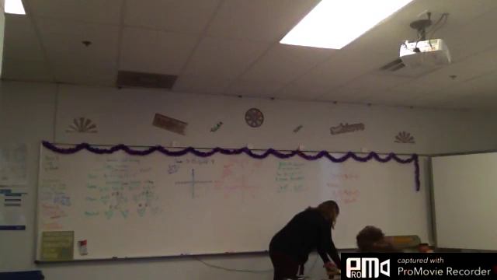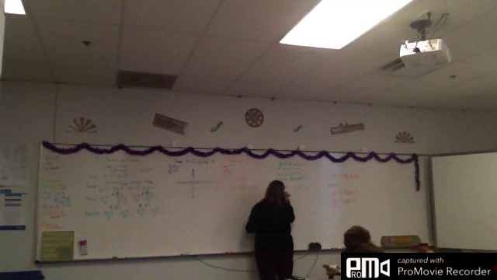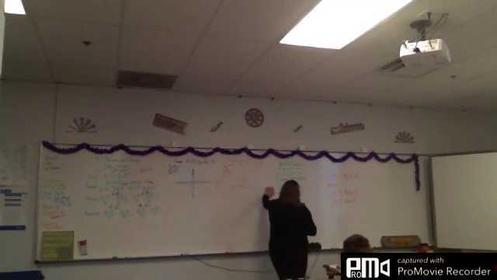And this says that the co-vertices are at 4, 0, and 4, 4, correct? Okay, so my a squared would have to be under my x. Yes. Then I have to figure out what is going on from there.